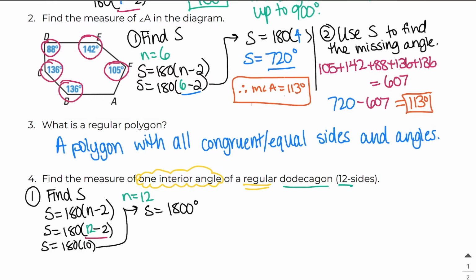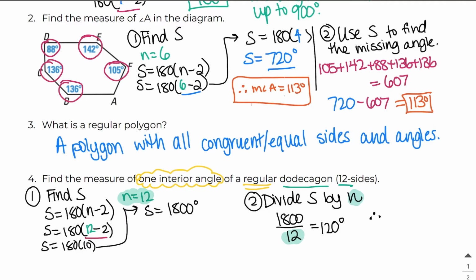But I want to find out just one angle. And since all the angles are congruent to each other, I can divide the total measurement of all the angles together by however many angles there are because it will be split evenly. So I can take this 1800, divide that by 12 because 12 is what n is right here. And when I divide those two numbers here, I get 120 degrees.